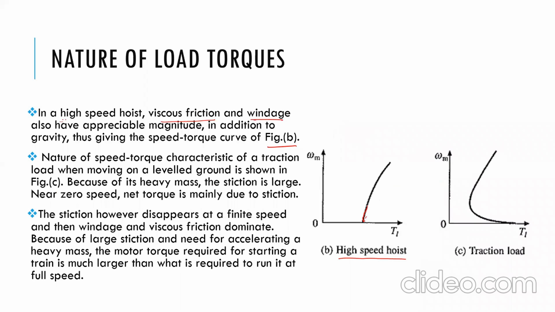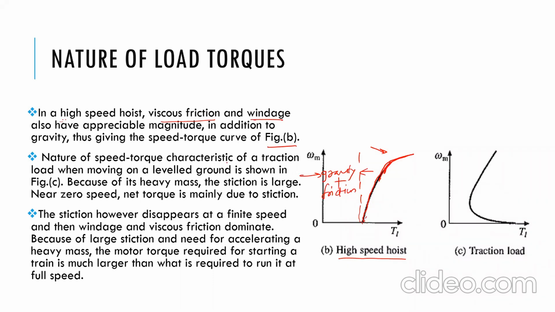It is not linear, but somewhat bent, which means this curve shows the effect of windage. Also the constant part is here. This constant part is because of the gravity effect plus friction between the shaft and the rope connected to the shaft.